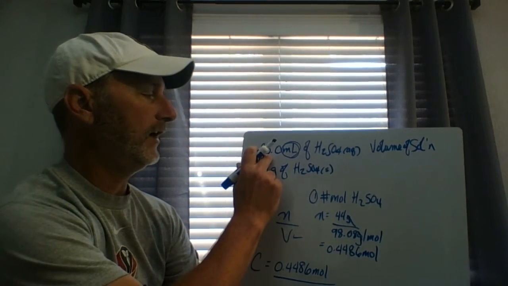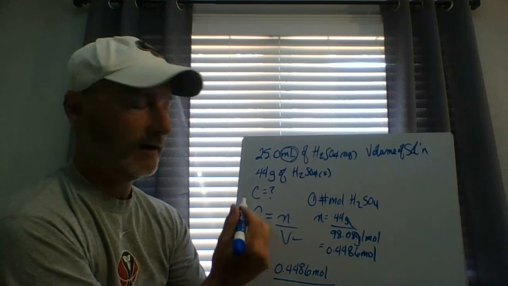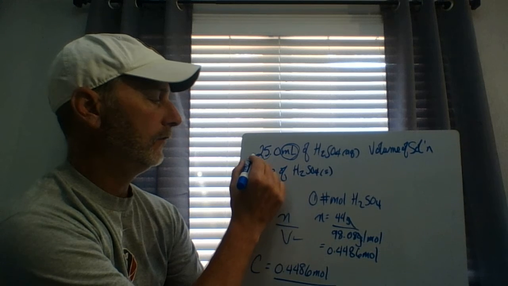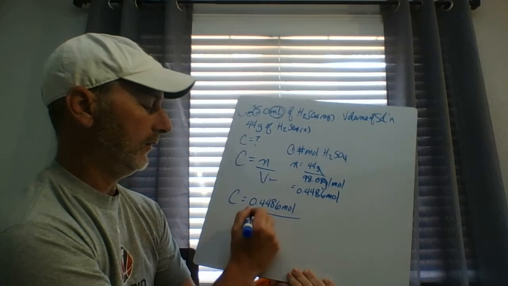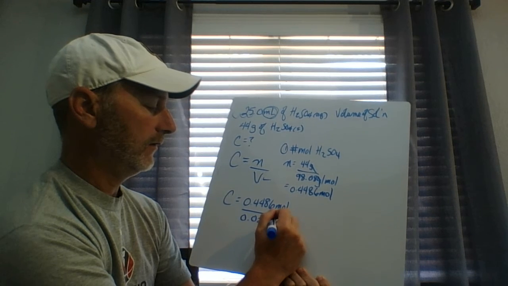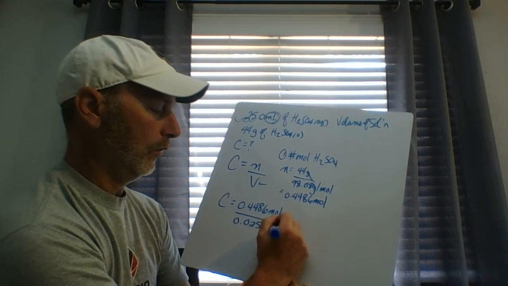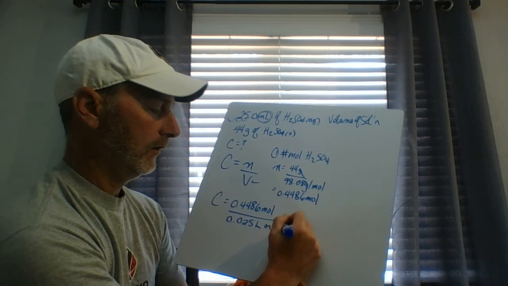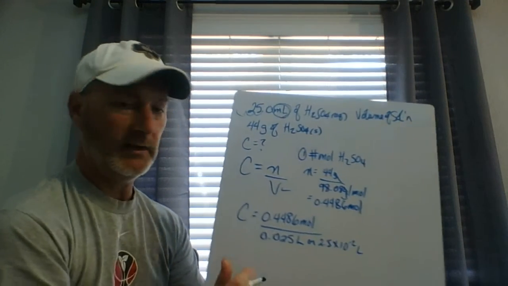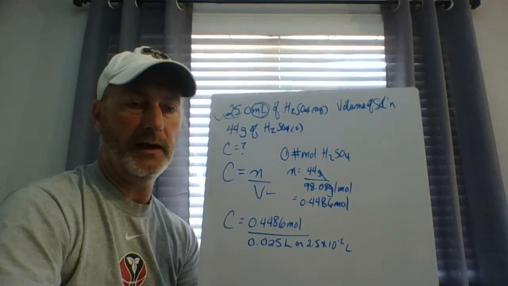So 25 divided by 1,000, we're going to move that decimal 3 spots, right? 1, 2, 3. So that's going to be 0.025 liters. Or, if you prefer, 2.5 times 10 to the negative 2 liters. Either way, your book is going to give you that.